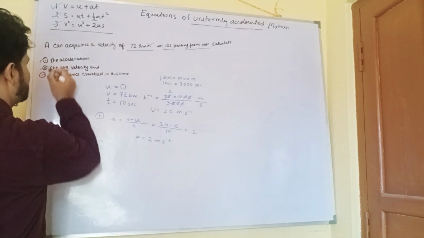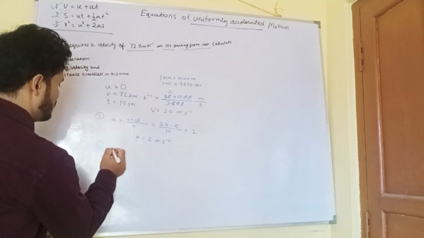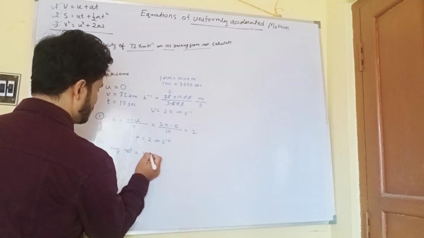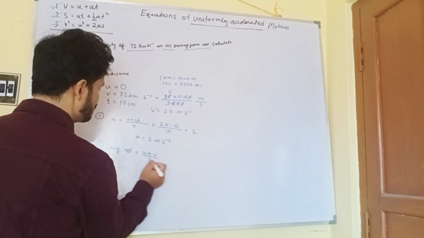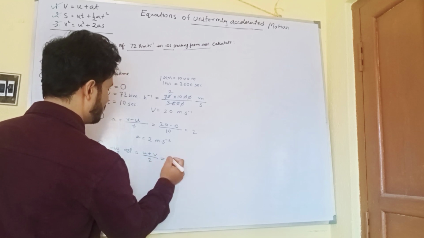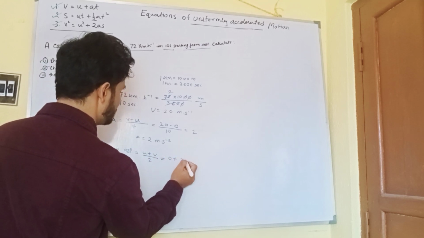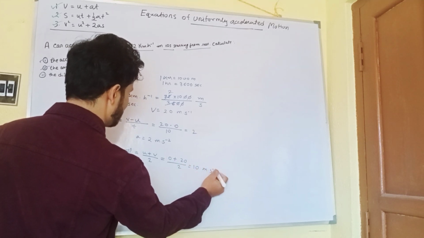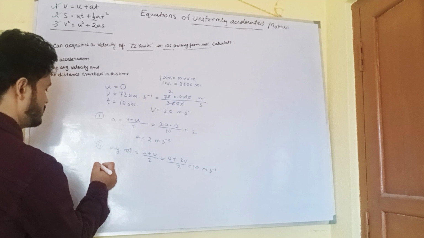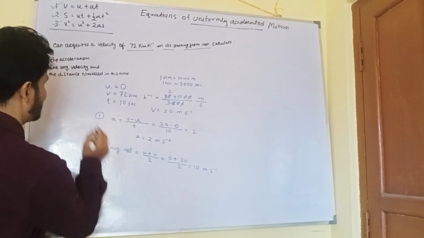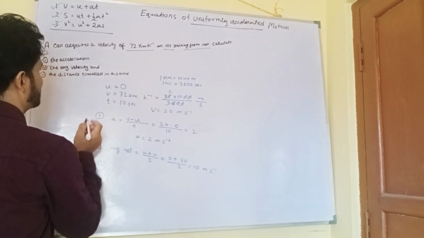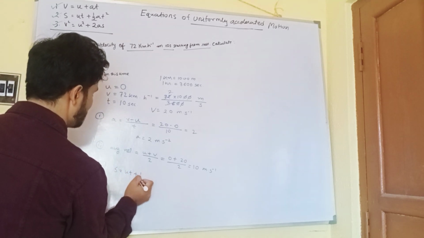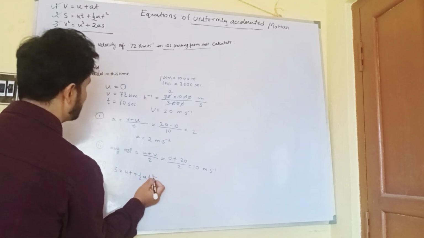What is the average velocity? Previously we calculated average velocity is equal to U plus V by 2. Putting the values, 0 plus 20 by 2 equals 10 meter per second. Third, what is the distance travelled in this time? S is equal to ut plus half at square.